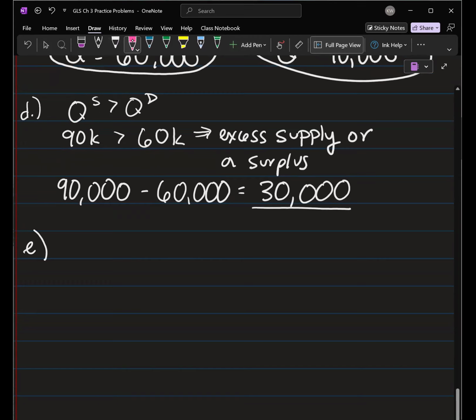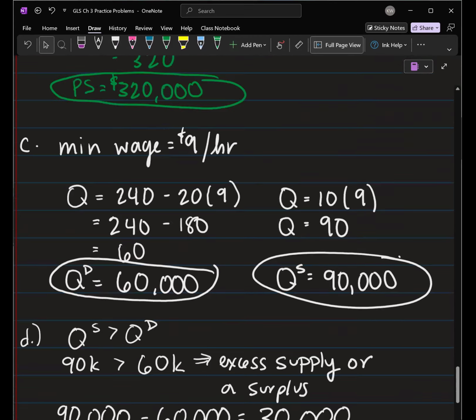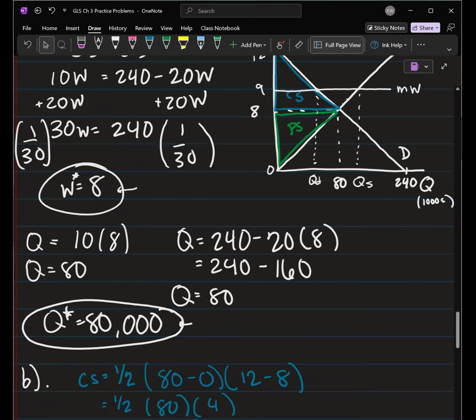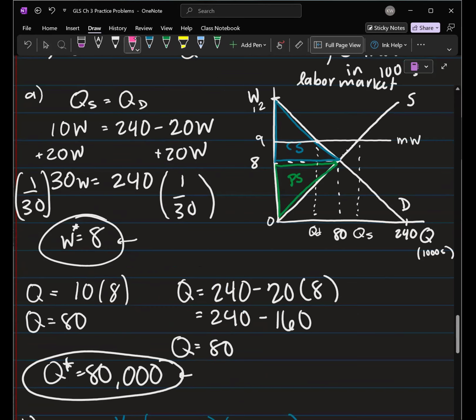Part E asks us to look at the deadweight loss of that minimum wage and to solve for its value. If we go back up to our graph, the loss is going to be the difference between the amount hired under the minimum wage, in this case the quantity demanded of 60,000, compared to that under equilibrium, 80,000.